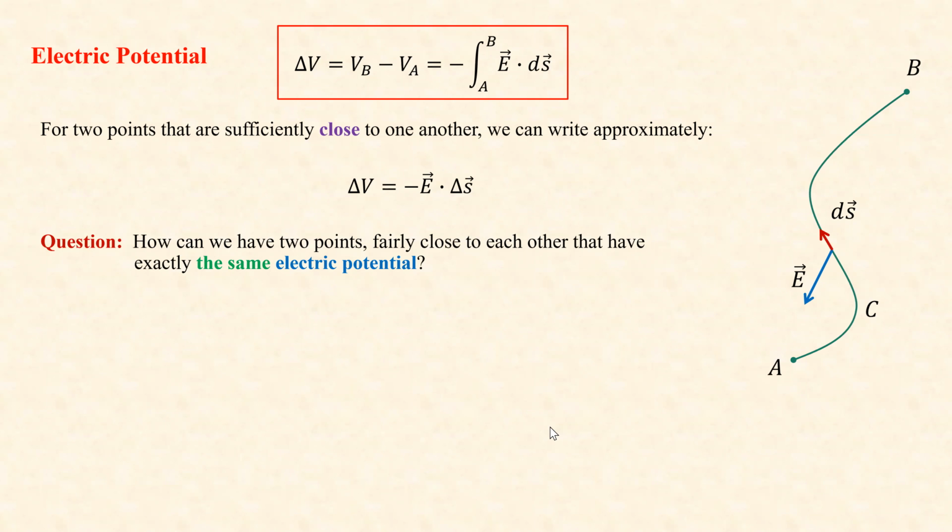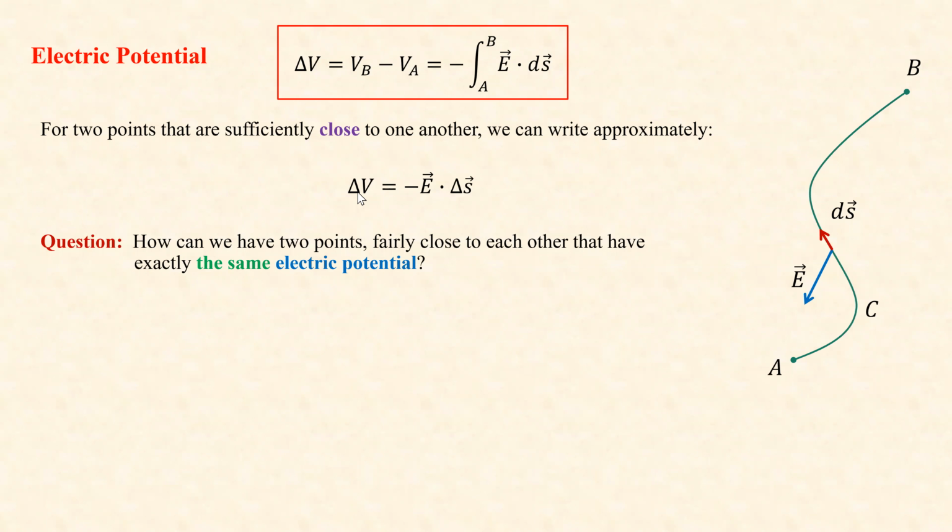Opposite direction, no, that's not right. Yeah, they should be perpendicular. Yeah, if E and delta S are perpendicular to each other, then E dot ds is 0, right? So if we go in the perpendicular direction to the electric field, we don't get any change in potential.